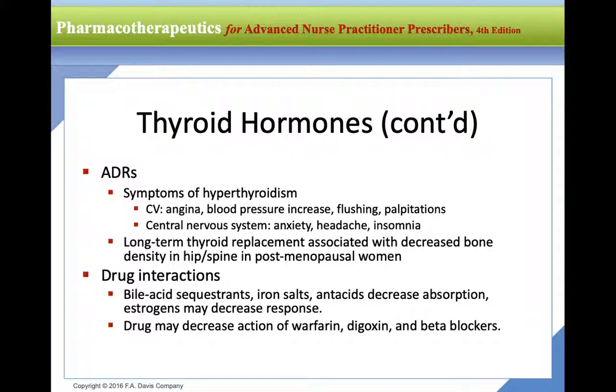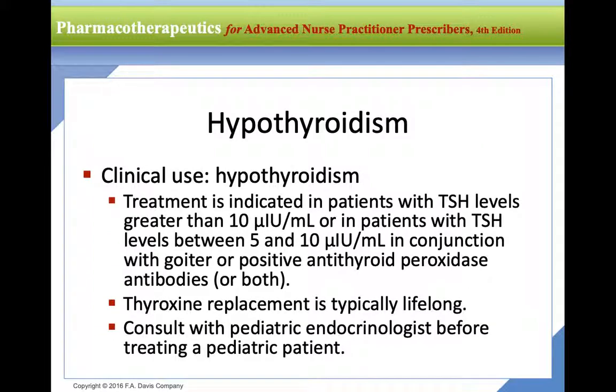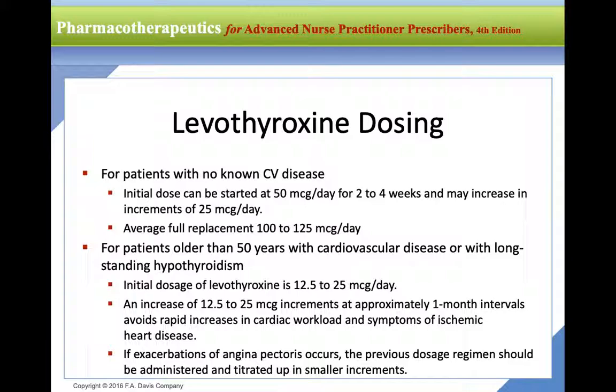Drug interactions are basically you want to give it on an empty stomach before you give any other medications, so that you can have proper absorption. Clinical use, TSH levels greater than 10, or symptomatic patients with a TSH greater than 5, and usually it's lifelong.